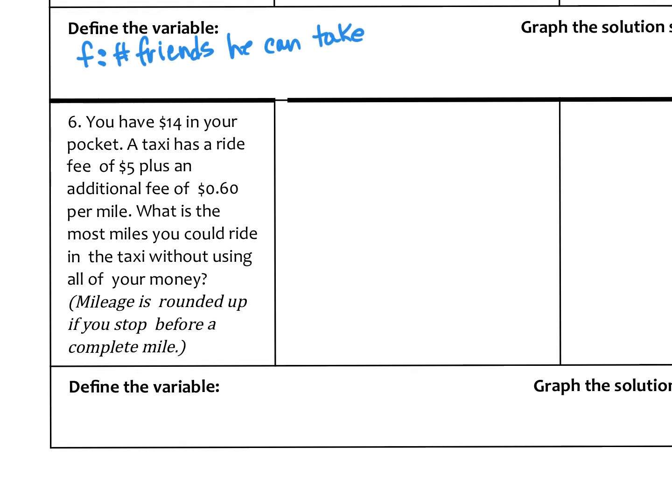Now, number 6, you have $14 in your pocket, and a taxi has a ride fee of $5 plus an additional fee of 60 cents per mile. What's the most miles you could ride in the taxi without using all of your money? Mileage is rounded up if you stop before a complete mile.